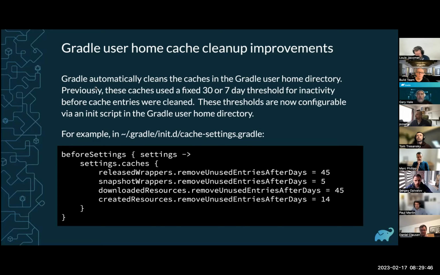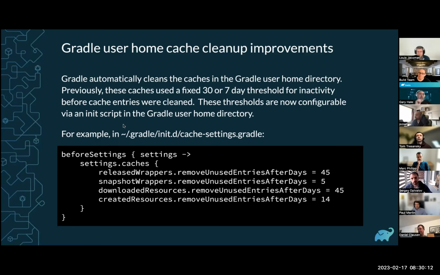On the other hand, we also have what we call created resources. These are anything created by Gradle as part of running the build, things like the artifact transform cache. Those previously had a fixed interval of 30 and 7 days, respectively. Now you can configure them to whatever makes sense for your environment.